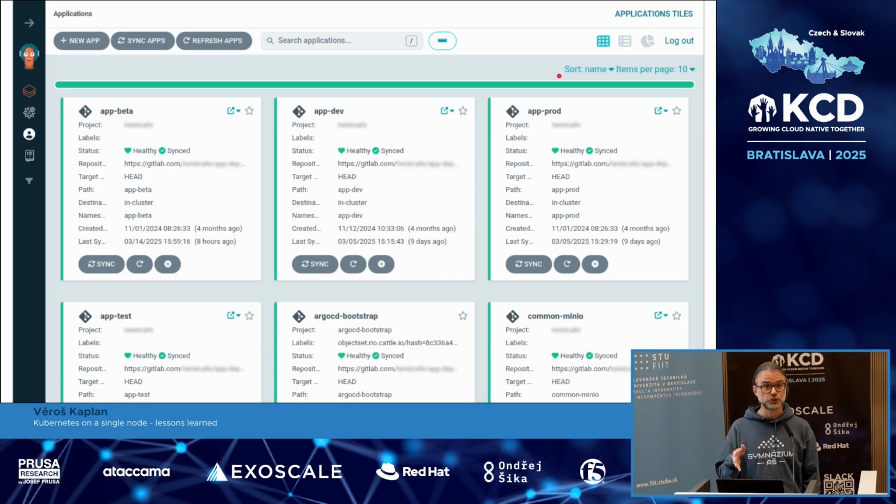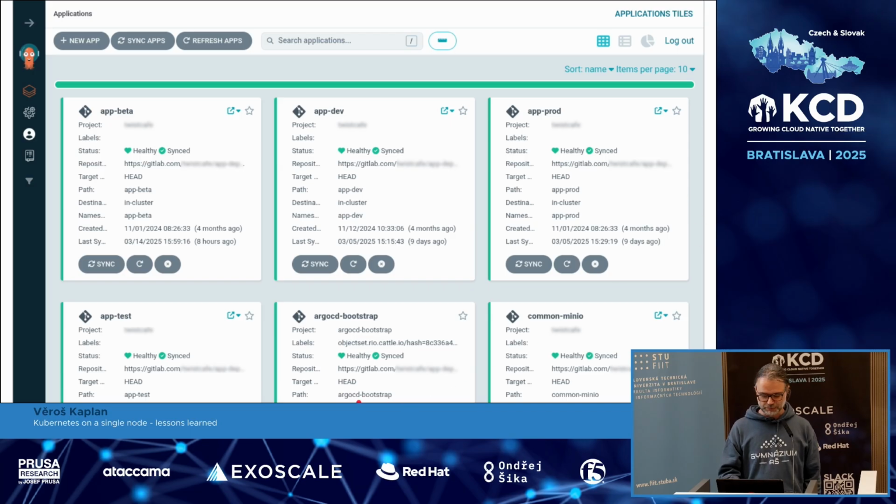So this is an example of a single-node Kubernetes server, or single-node Kubernetes cluster. It's an application which was running in production environment, development, and the beta stage. This was still a proof of concept. It didn't run in production. The project was cancelled last month, unfortunately, but it worked.